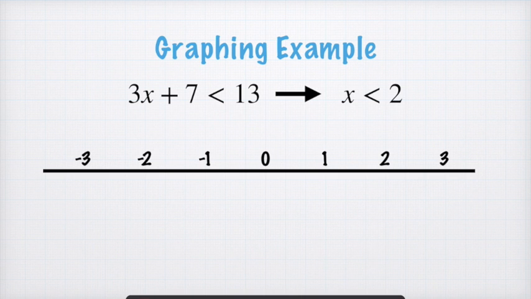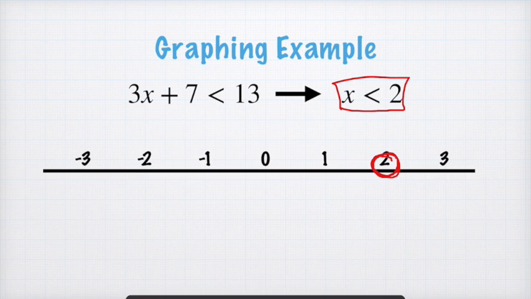Let's do an example. So we have 3x plus 7 is less than 13, and we found out that x has to be less than 2 for that to work. So what's going to happen here? Let's plug in our 2. It has to be less than, so we cannot include 2.